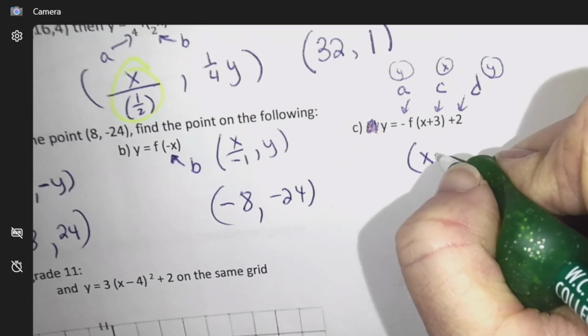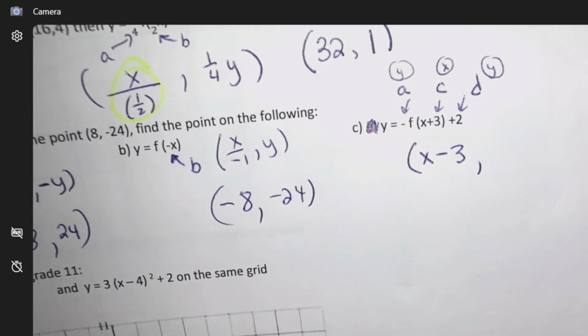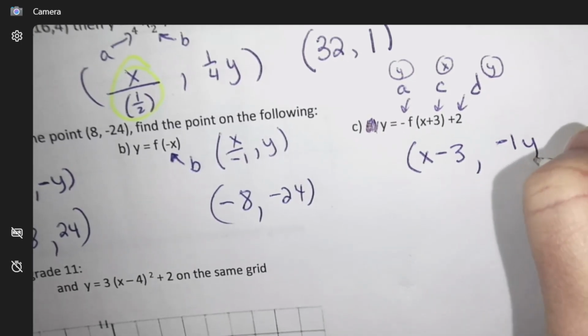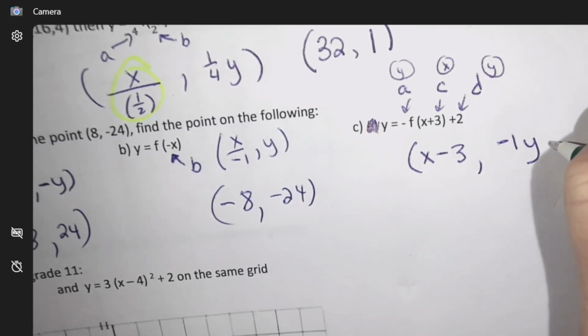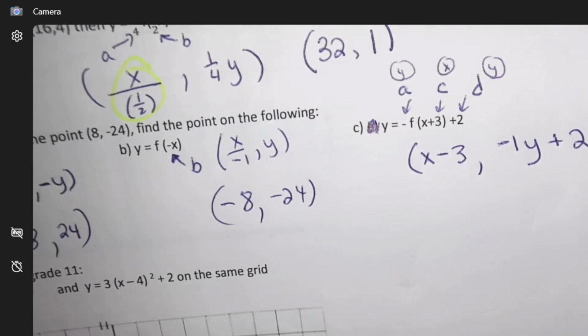X, did you write subtract 3? Because you got to do opposite. And then A is going to be a -1 times the Y, plus 2. So that's your math. So now what do we get?